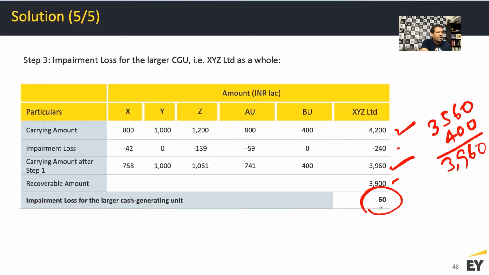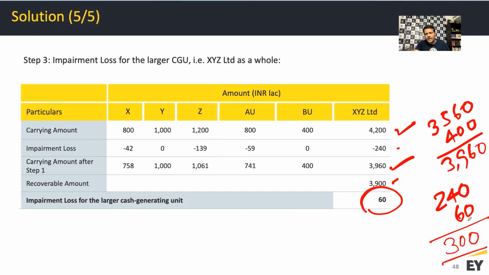That means the total impairment loss which I'm going to record is 240 plus 60, which is 300, and then I need to allocate these 300 to each of these business units, the corporate units, as well as to the cash generating units in an appropriate way, on a pro rata manner.